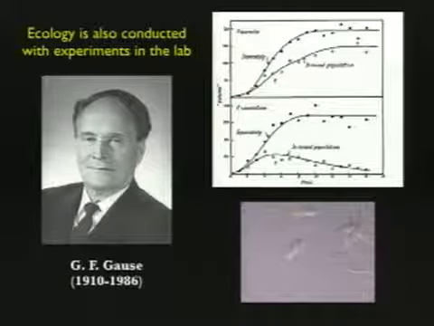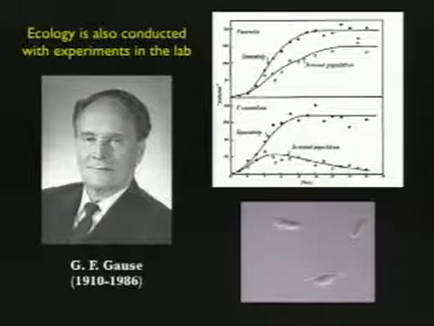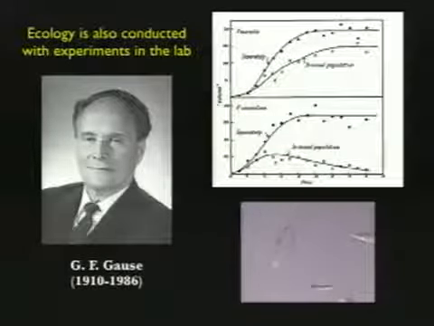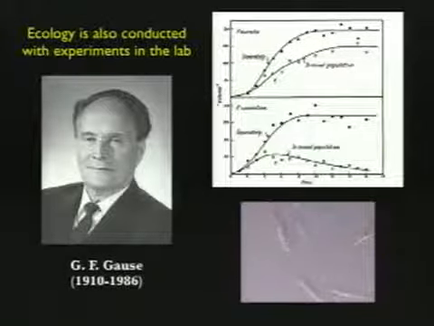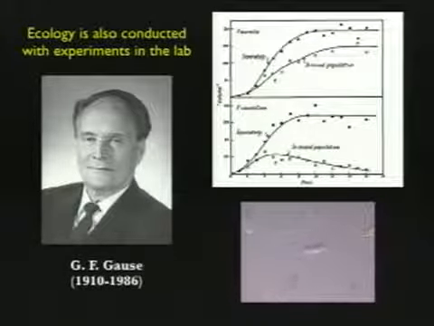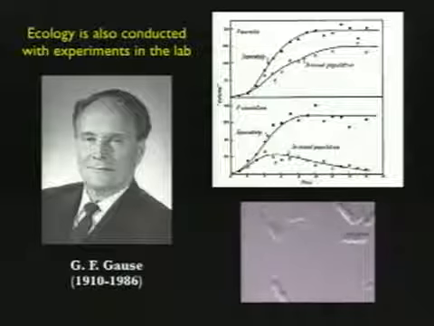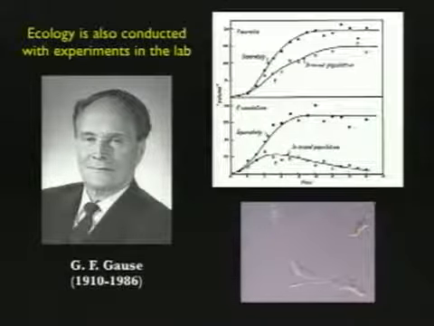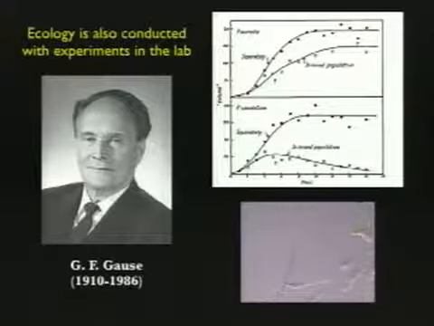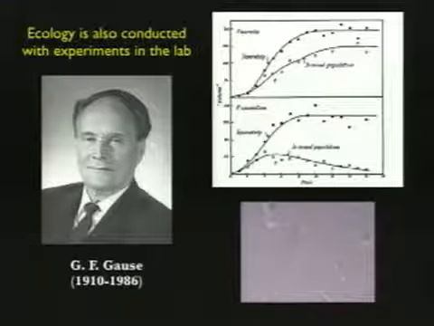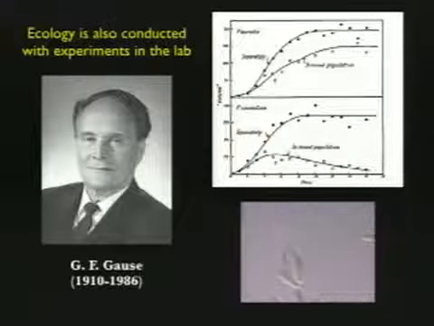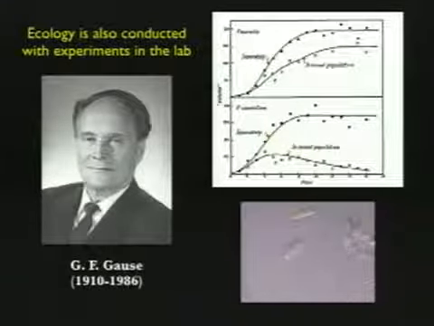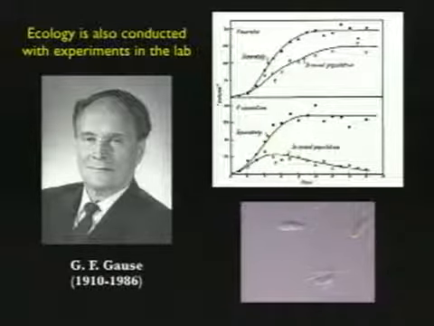I'll talk more about Gause, a Russian biologist, later. But I just bring him in here to highlight that this pursuit is not entirely one of the field, but it involves experiments in the laboratory. Laboratory experiments make contributions to ecology in very important ways. Gause was studying paramecia in a laboratory context, making formal experiments and deeply influencing the field.